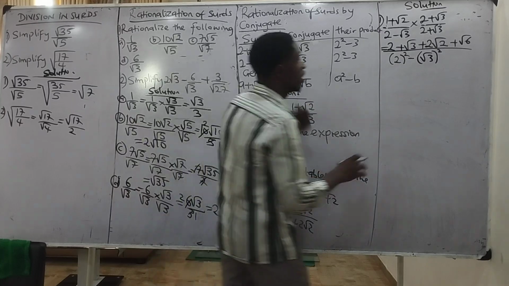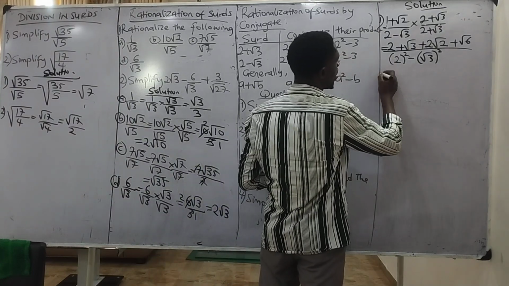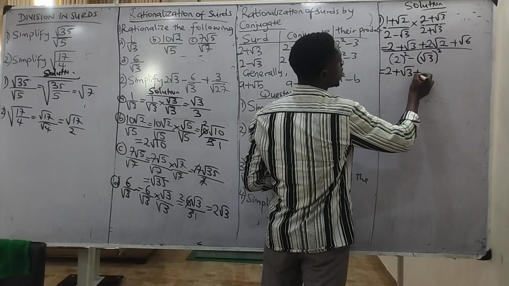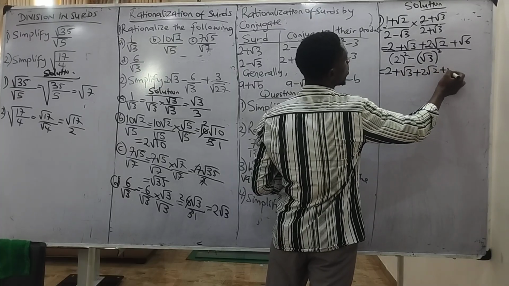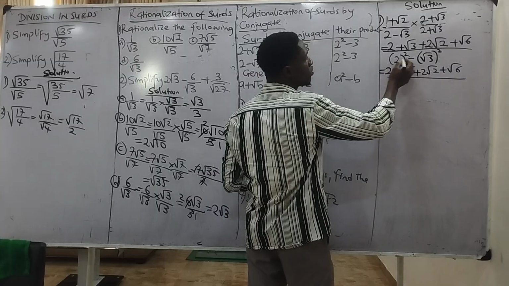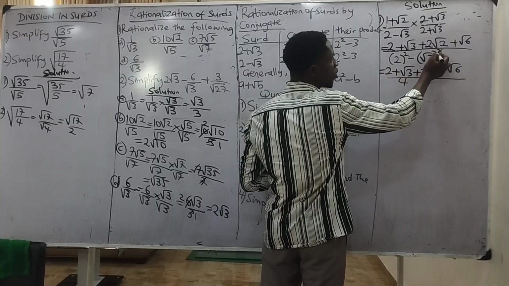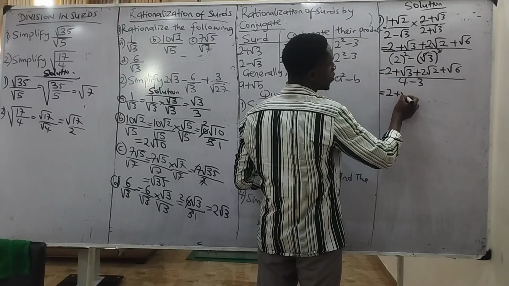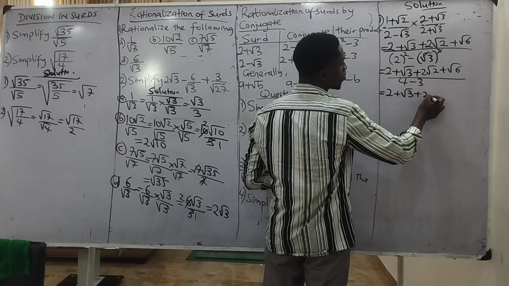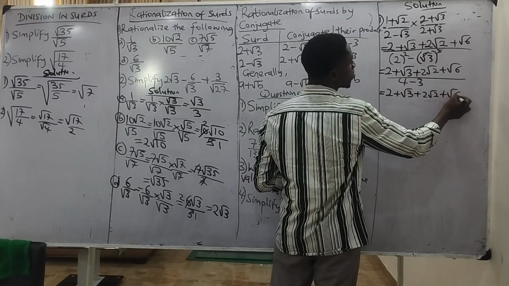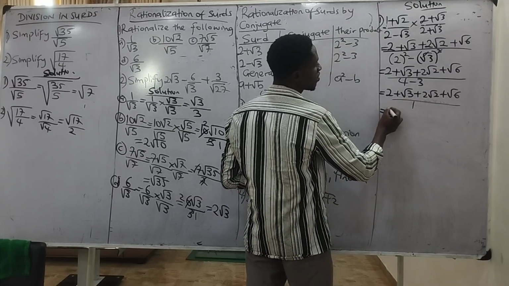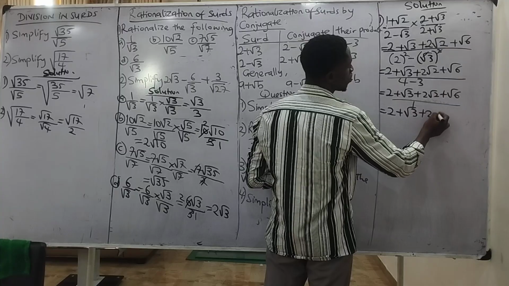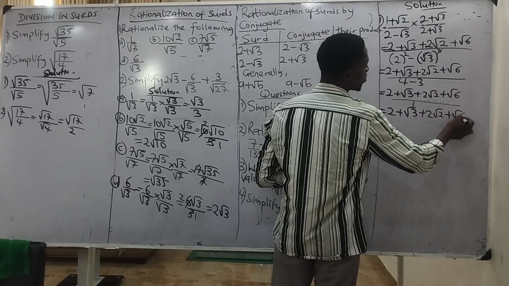So we have 2 plus root 3 plus 2 root 2 plus root 6 all over 2 squared is 4. This square will cancel this square root. We have minus 3, which is equal to 2 plus root 3 plus 2 root 2 plus root 6 all over 1.